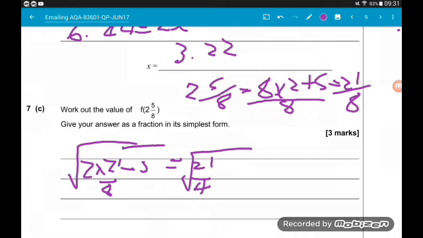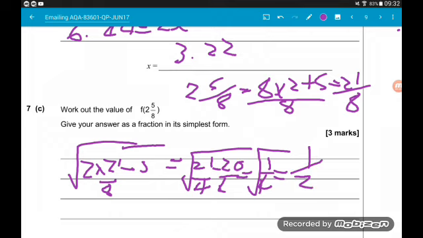And now I'm going to think of 5 in terms of quarters. Every one whole is 4 quarters. 5 wholes is then 20 quarters. So we got 21 quarters minus 20 quarters, which leaves us with the square root of 1 quarter, which gives us 1/2. Jobs are good for question 7.